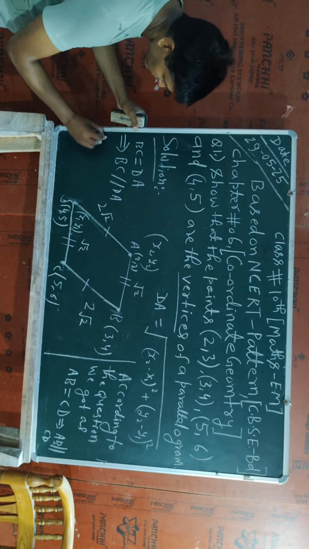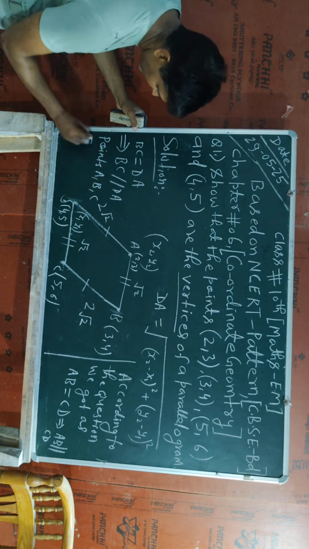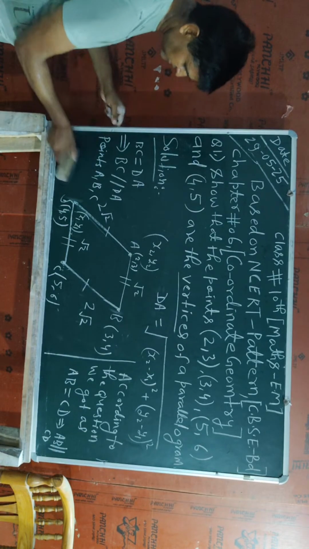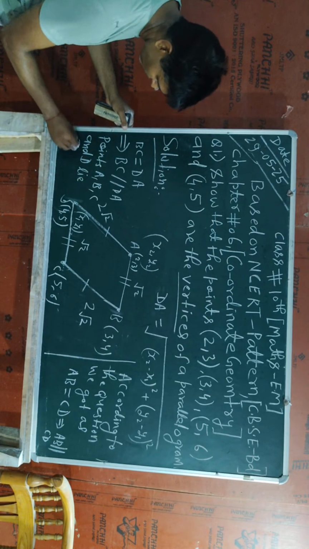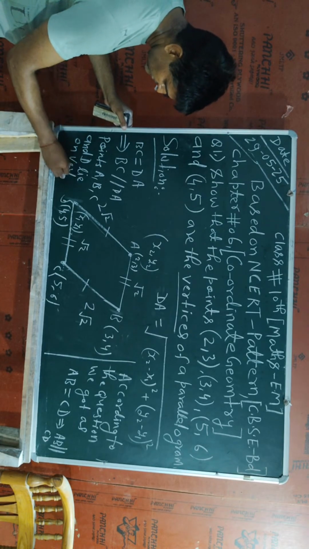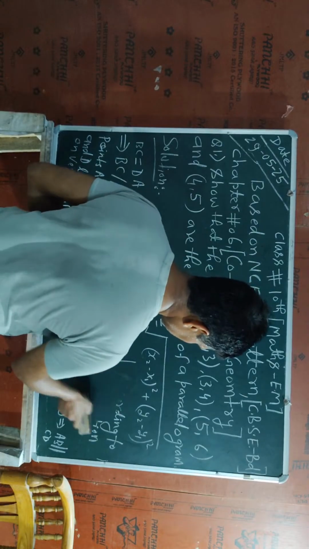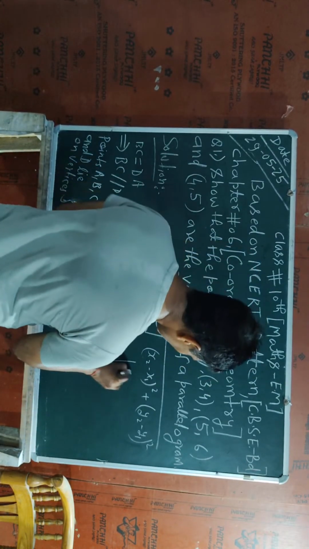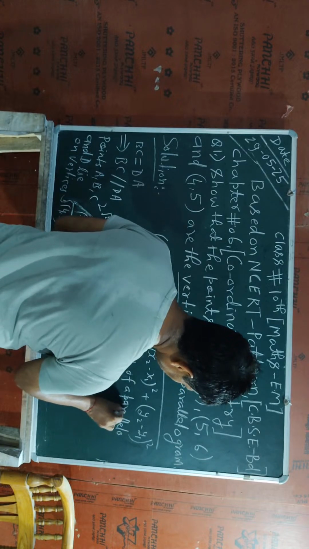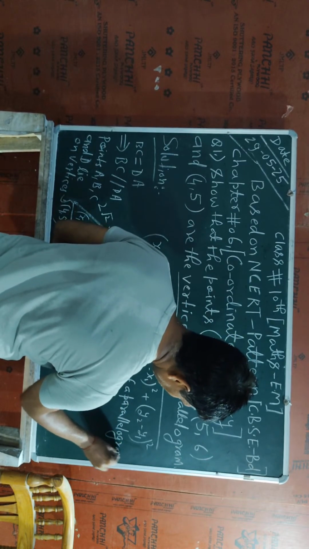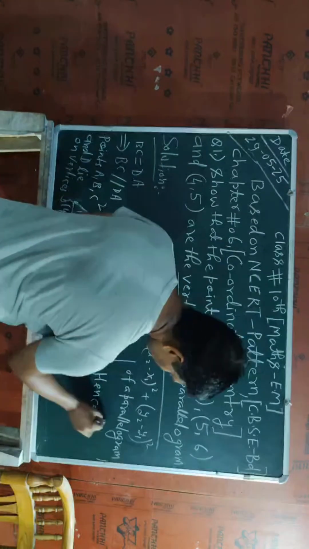Points A, B, C, and D lie on the vertices of a parallelogram. Hence proved.